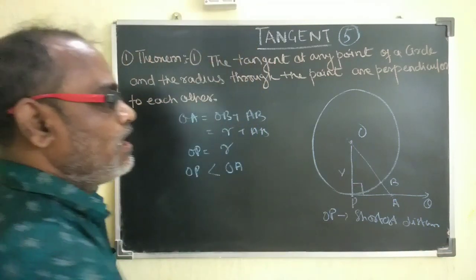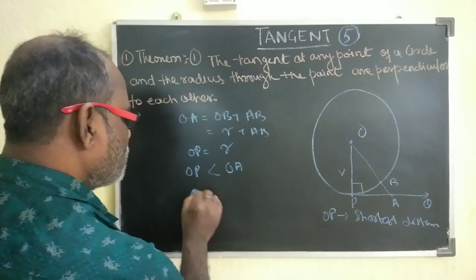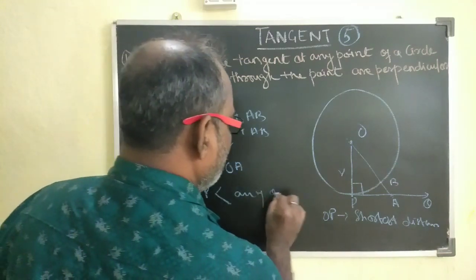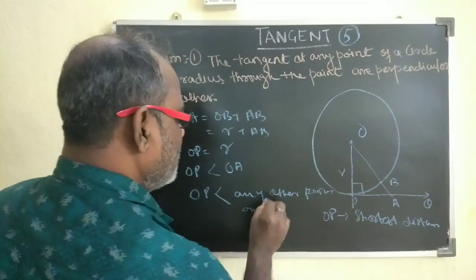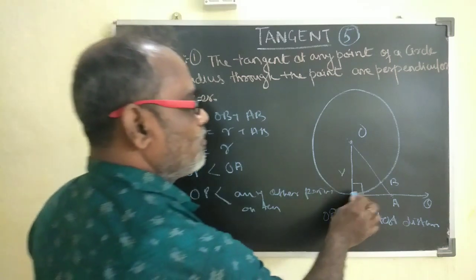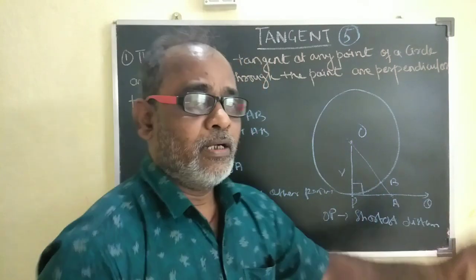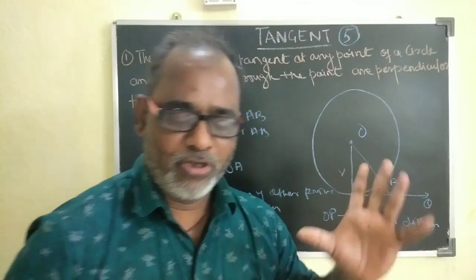In this way, if you take any points on this line, you can always show that OP is less than any other point on the tangent. Hence, OP is the shortest distance to this line. Therefore, OP becomes perpendicular to the tangent. This is how our first theorem gets proved.